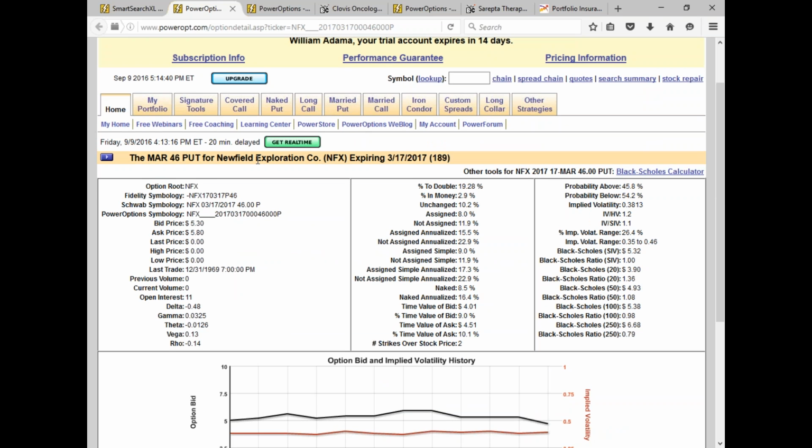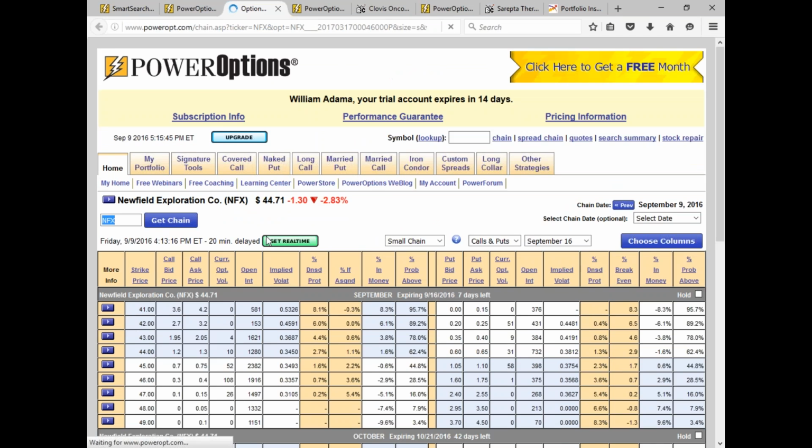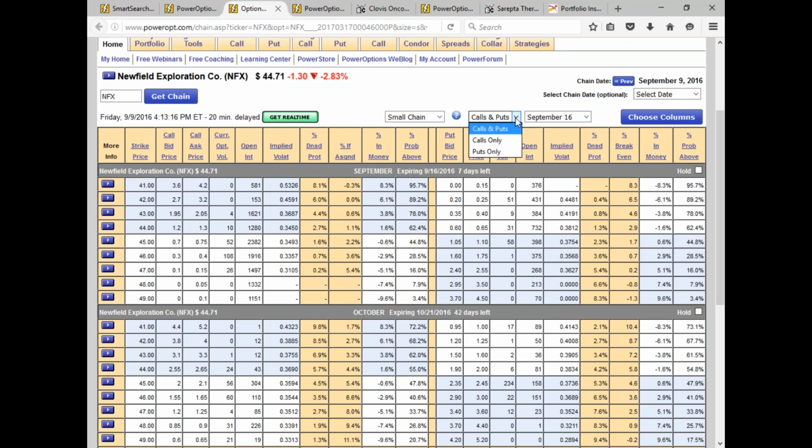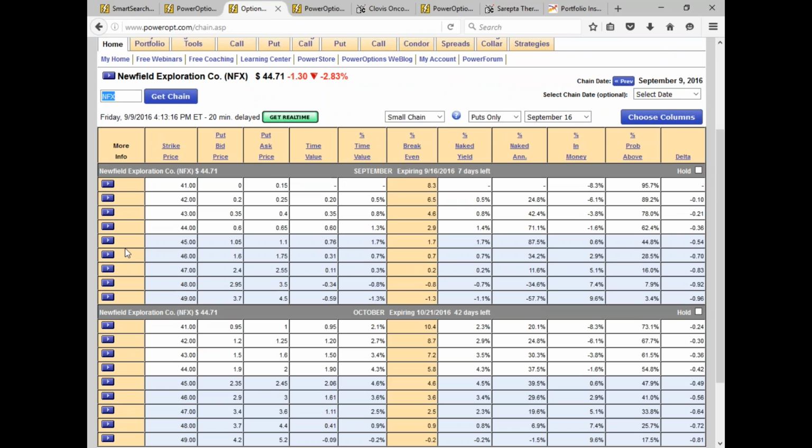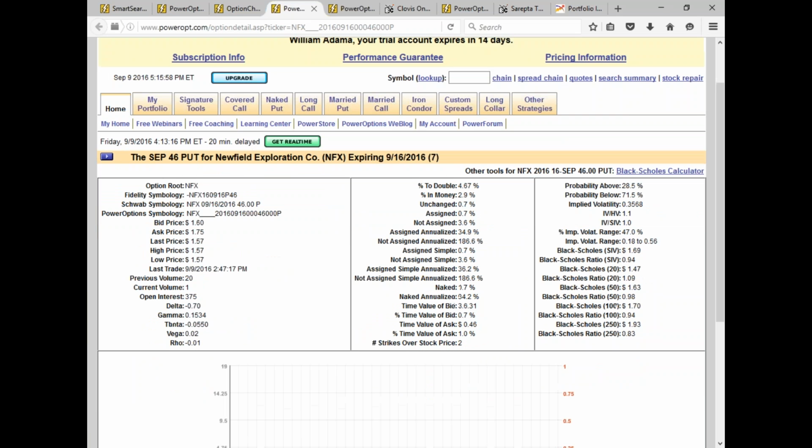Now let's change this. As an example, let's go to the option chain again, and let's look at the 46 put for September, 16 days away.